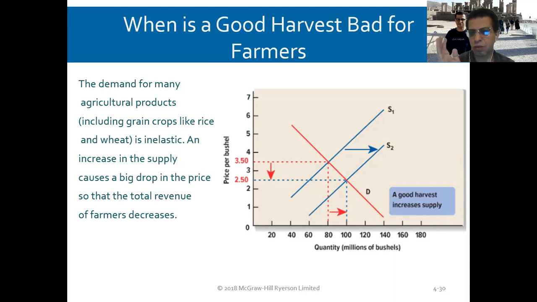Suppliers start competing and dropping the price, and so the total revenue of farmers may decrease. So a good harvest increases the supply, and lots of supply will decrease the price. If the decrease in the price is larger than the increase in the quantity, then the farmers are worse off.